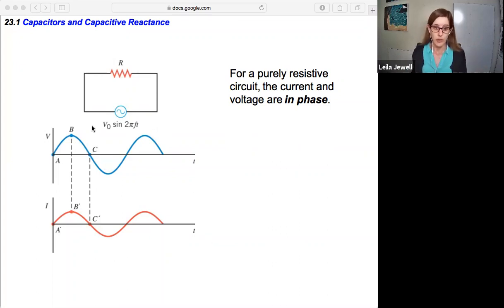So when the voltage is at a positive peak at point B, the current is at a positive peak at point B. When the voltage is 0, the current is also 0. This matches our perhaps most natural intuition that if we apply a voltage and if we apply the largest voltage, we'll get the largest current. Cool. It turns out it's not this way when we have a capacitor instead.